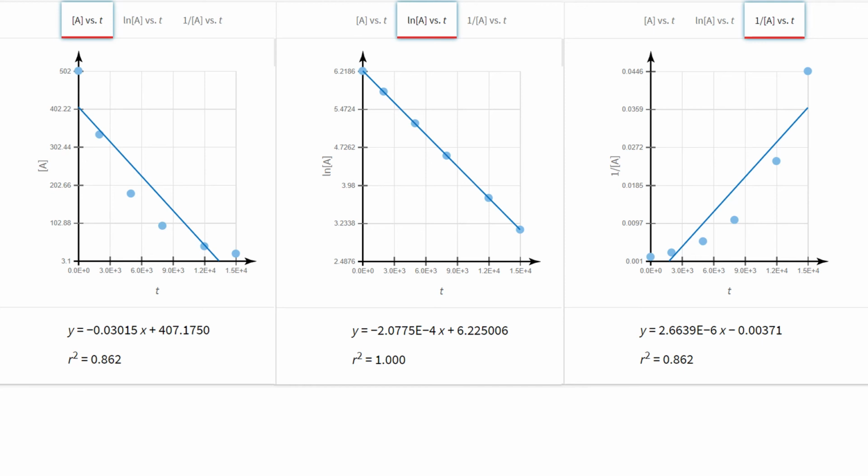If that was not really obvious by looking, because sometimes with real kinetics data it's not this obvious, we would need to fall down here to the correlation coefficients. So this R squared value is the square of the correlation coefficient. If something is absolutely perfectly linear, so every data point absolutely falls along that line of best fit, the R squared value will be 1.